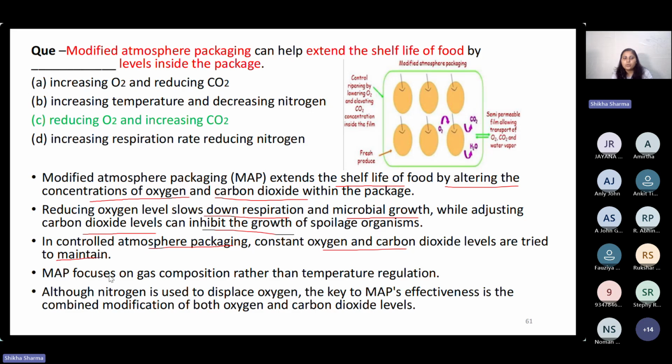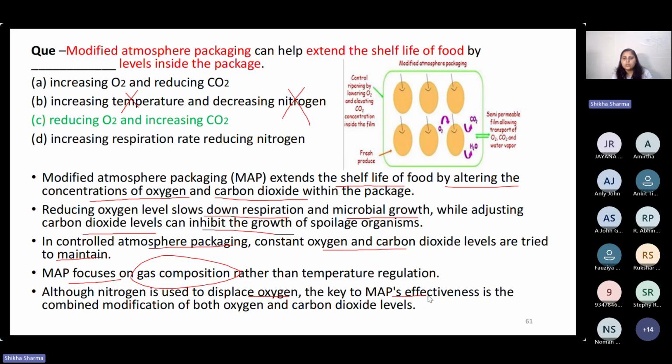So in MAP, basically it focuses on the gas composition and it doesn't concentrate on the temperature regulation. So temperature regulation is not correct. Also, the nitrogen is used to displace the oxygen.